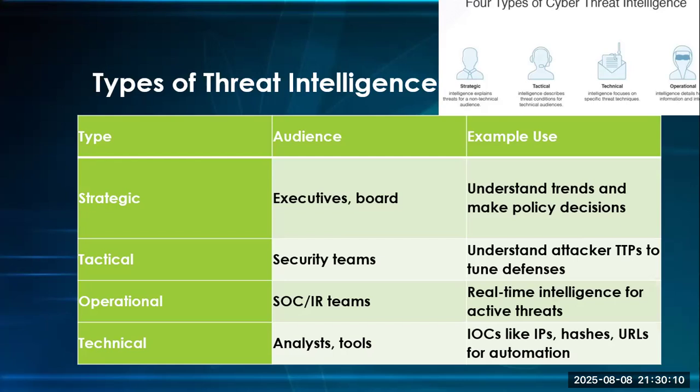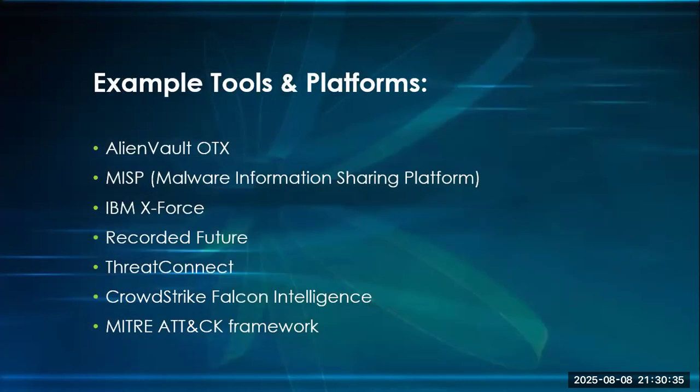You can use it to show you information about all the threats, maybe people that have given their own samples of threats that have happened in the past. People that have reported, you see a lot of samples. We're going to look at that. Then we have examples of IOCs like IPs, hashes, URLs, for automation and the rest. Then examples, tools, and platforms.